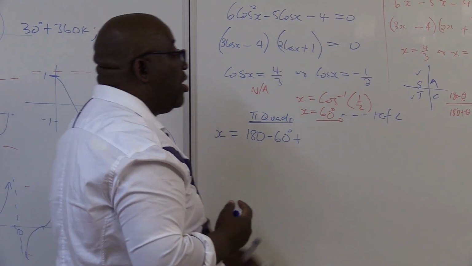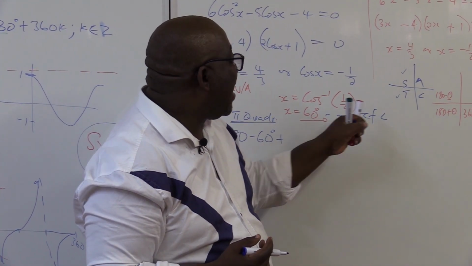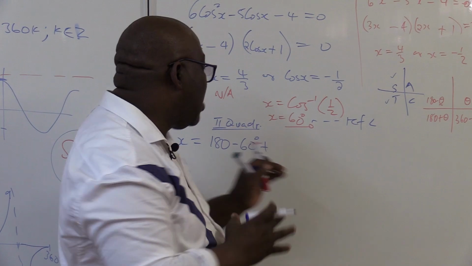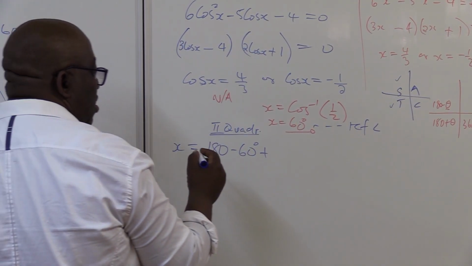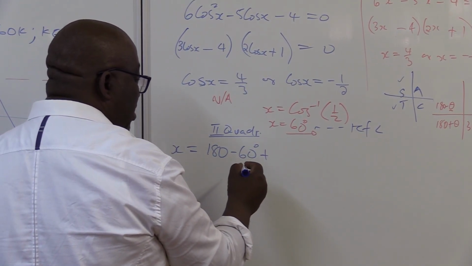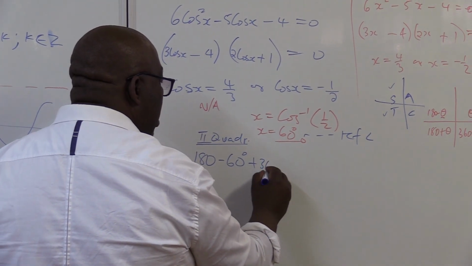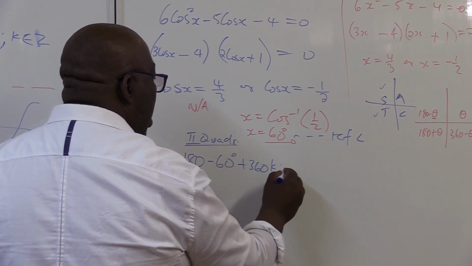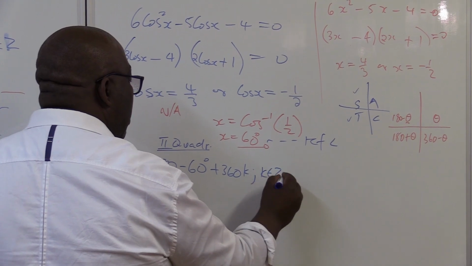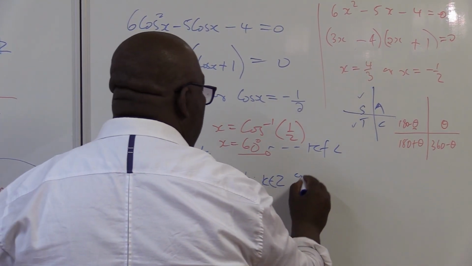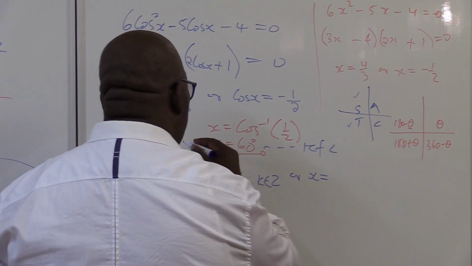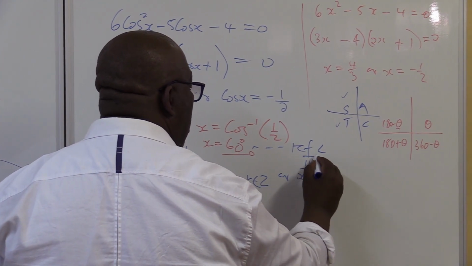We'll also find the solution in the third quadrant, because it is negative in these two quadrants. I'm dealing with the second, then we'll go to the third. 180 minus theta plus 360k, where k is an element of Z. This is what we write. Or our solution is also in which quadrant? In the third quadrant.